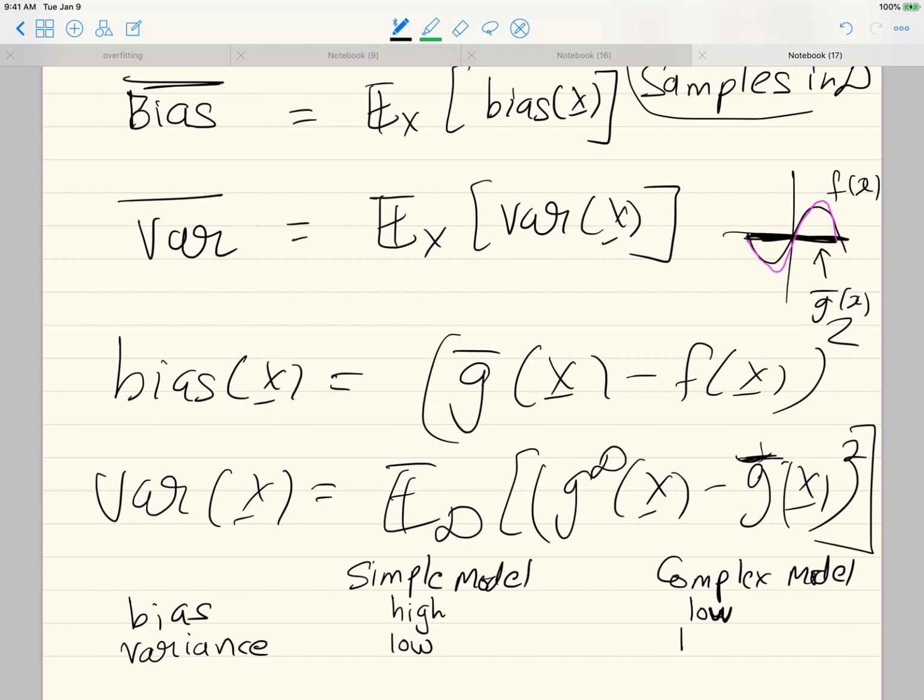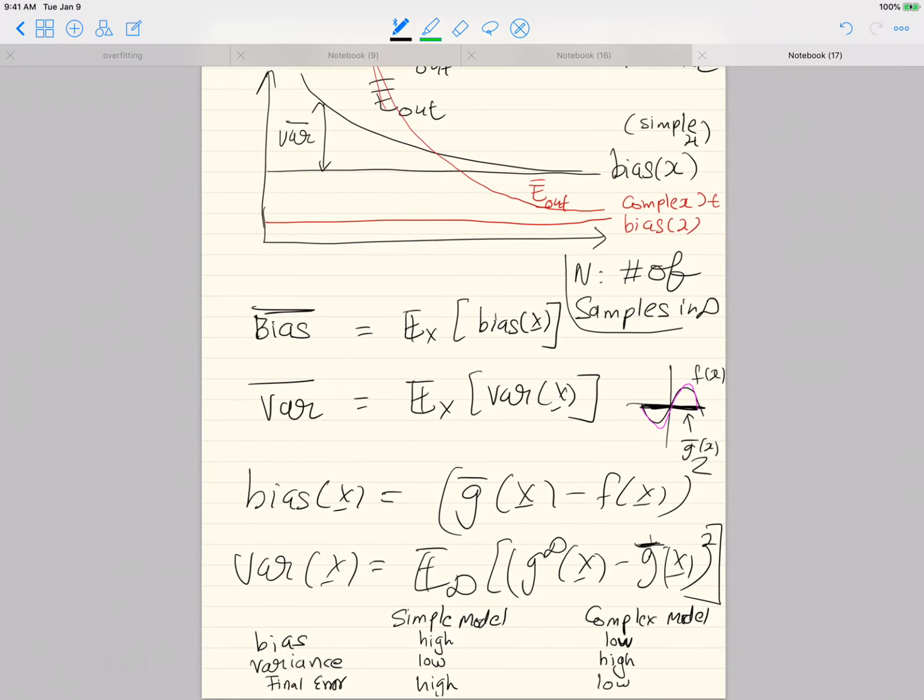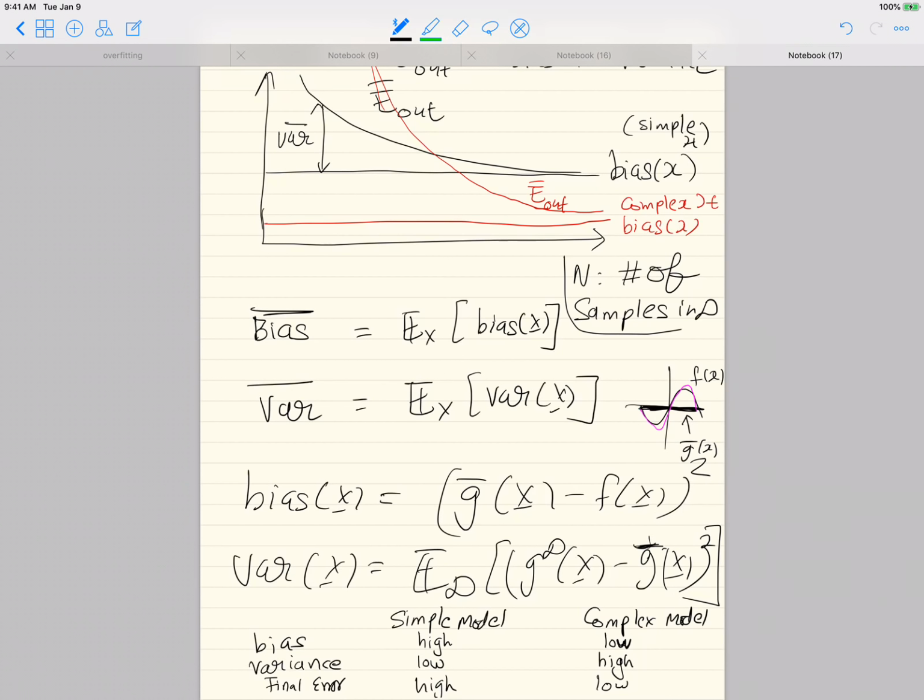And for a complex model, the variance is actually going to be high. And the final error, after you have enough number of samples and things have converged, for a simple model will continue to be high because you can never go below the bias function. For a complex model, the final error will be low, but you will need a lot of data points, which is what you see in this figure here.